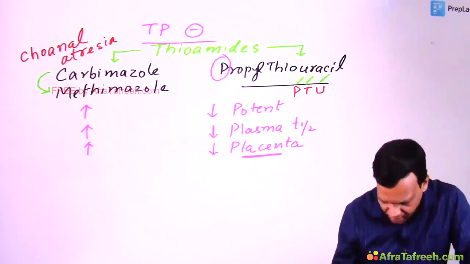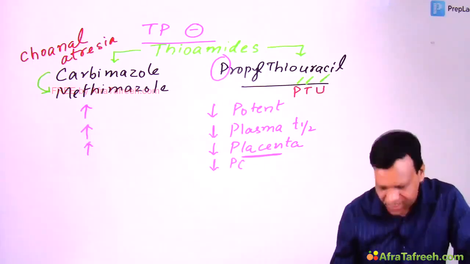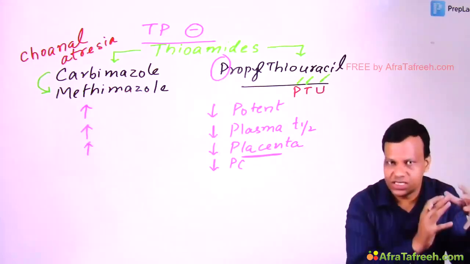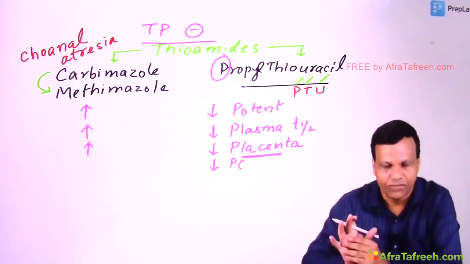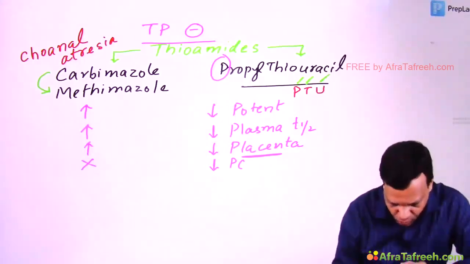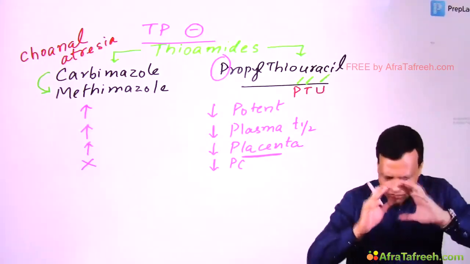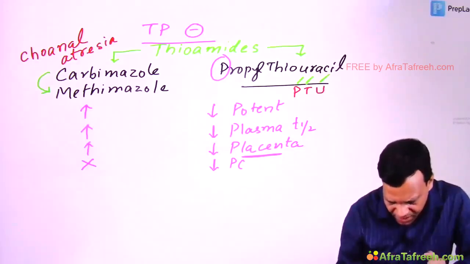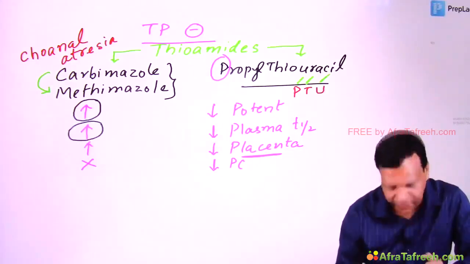Then lastly, PTU can inhibit the peripheral conversion also, meaning it has two mechanisms. It not only inhibits the thyroid peroxidase but also inhibits the 5'-deiodinase enzyme. But carbimazole and methimazole do not have any such property. Now, the important points: carbimazole and methimazole are more potent and longer acting.